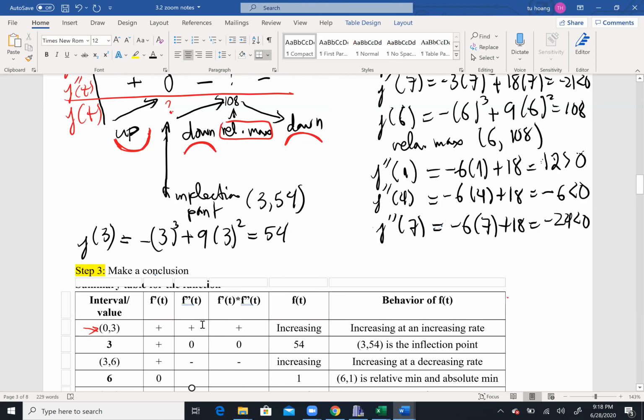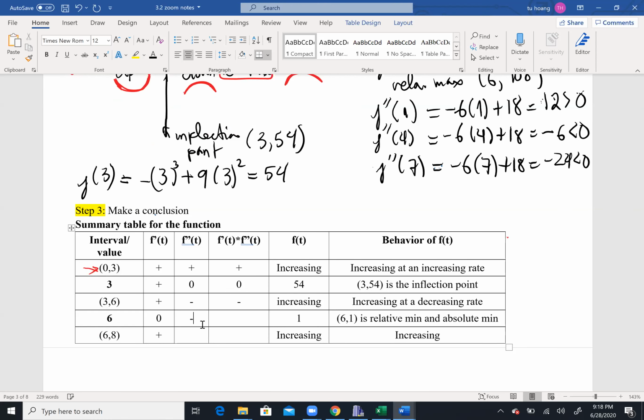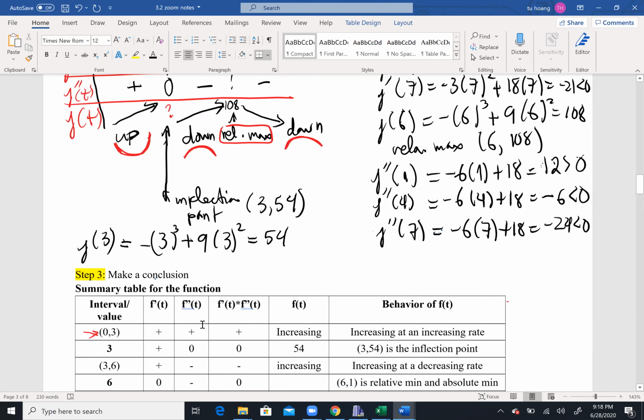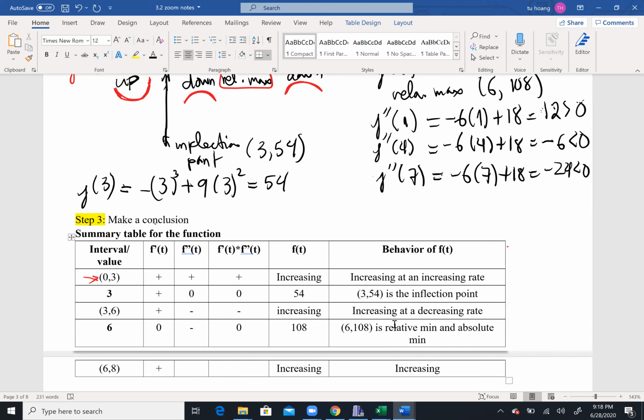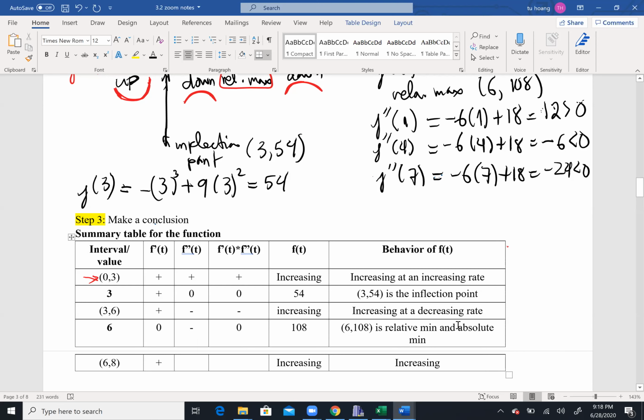We don't really care, but actually I'm going to put negative here, and the product is still 0. f(6) in this case is 108, and then I say (6, 108) is a relative maximum, right?